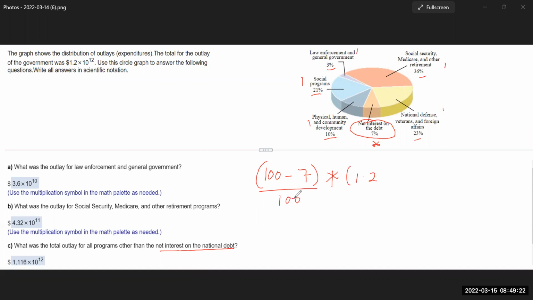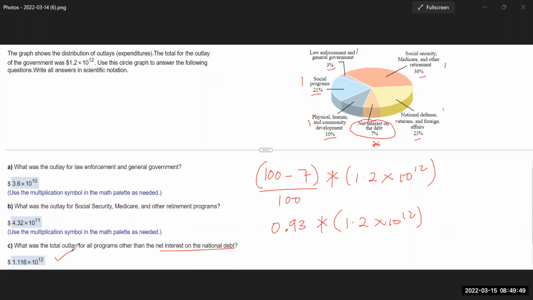Don't forget that. So multiply that by 1.2 trillion. Now 100 minus 7 will give you 93, and 93 divided by 100 will give you 0.93. Multiply that by 1.2, and that should give you that in scientific notation.